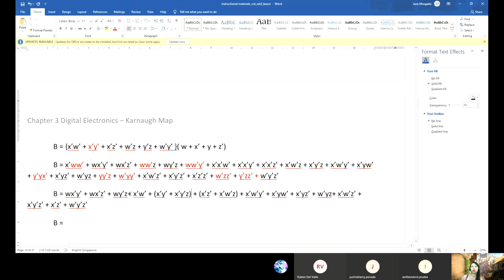Okay. Ano pa? Okay. We have here. Actually, ito muna. Pwede rin to. Silang dalawa muna. X prime, W prime. Okay. Then we have, okay. So we have here. Okay. Cut natin dito. Associate natin siya dito. Okay. Yan.